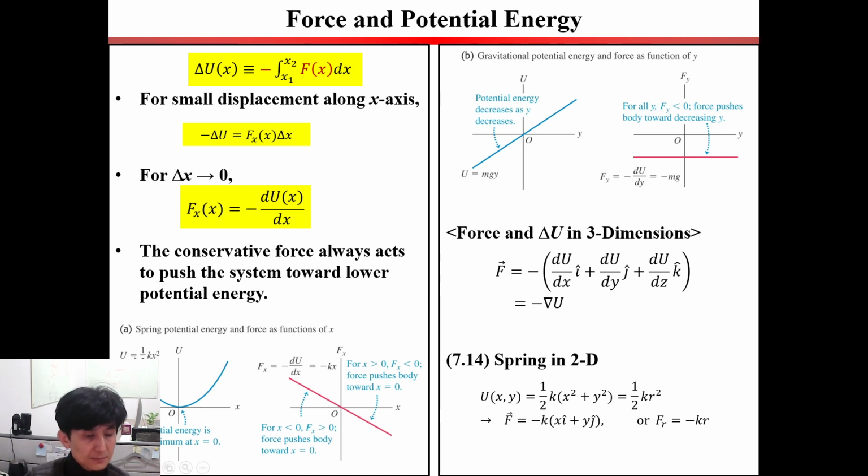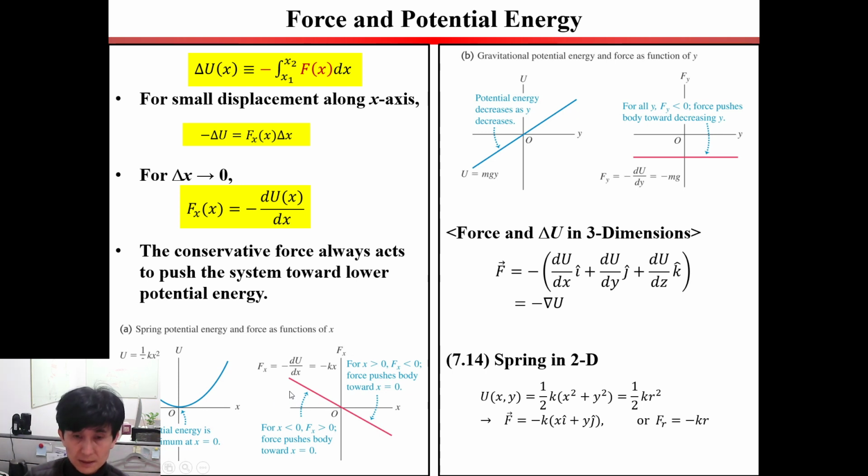So we mentioned that the potential energy of a spring looks like this, and if we take the derivative of this one, then it becomes like this. But if we take a negative sign, then it is flipped, so the force with respect to x is negative when displacement is positive, or the force is in the positive x direction when the displacement is in the negative direction.